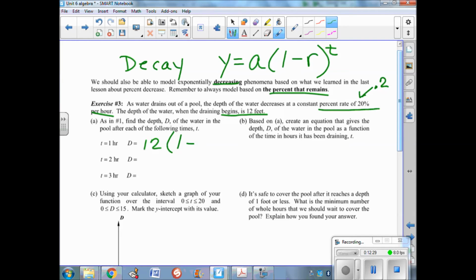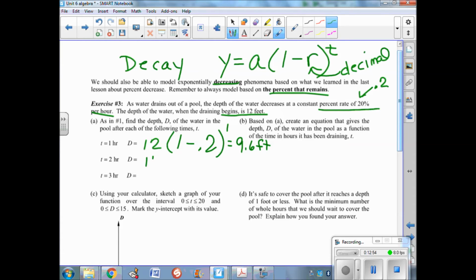It's 0.2. So this always has to be represented as a decimal. So 0.2, and then raised to the 1 hour. Again, doing that calculation, by all means use your calculator. We're going to be at 9.6 feet.